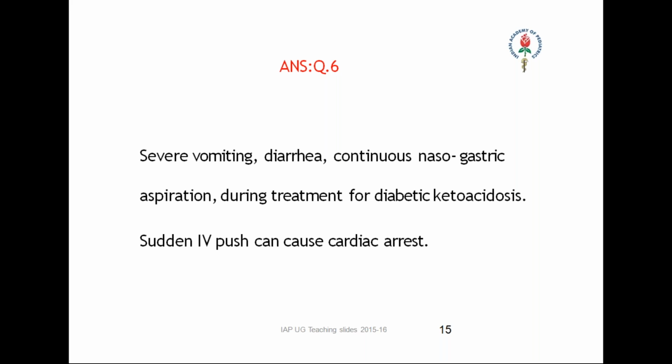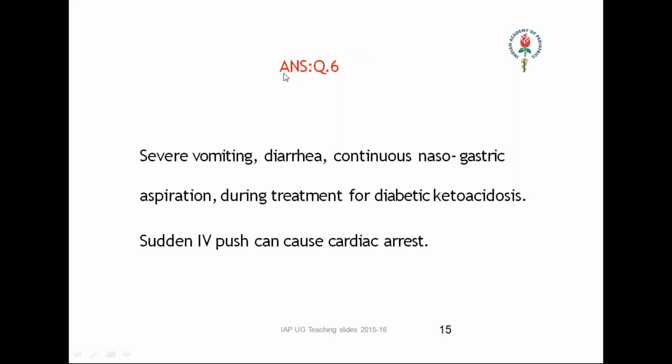Then why during treatment of diabetic ketoacidosis? You may get a doubt. What happens in diabetic ketoacidosis? Usually acidosis. In acidosis, the shift will be out, so initially hyperkalemia will be there. But during treatment of diabetic acidosis, I already discussed one drug called bicarbonate. When you are treating your acidosis, you are coming down from an acidic environment to an alkaline environment.